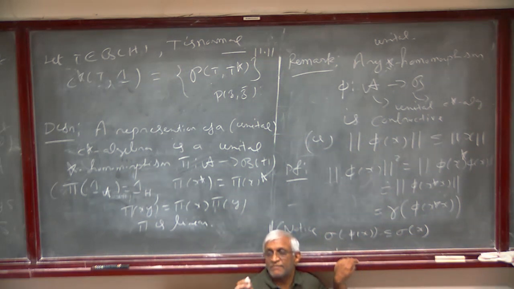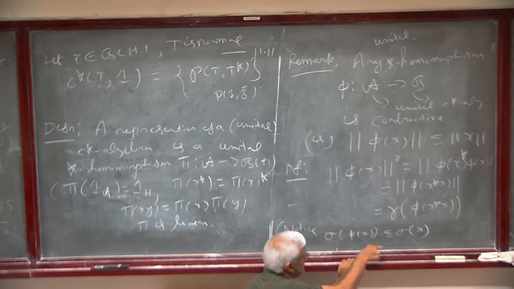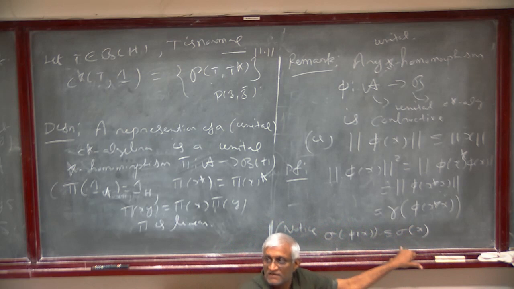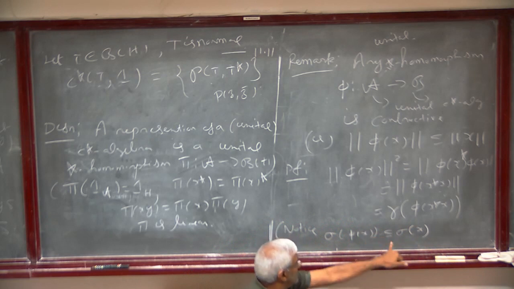So if x minus lambda is invertible, P of x minus lambda is also invertible. So that implies, for non-invertibility, the other way. This is correct, no? If P of x minus lambda is not invertible, then x minus lambda is not invertible. So it is this way.